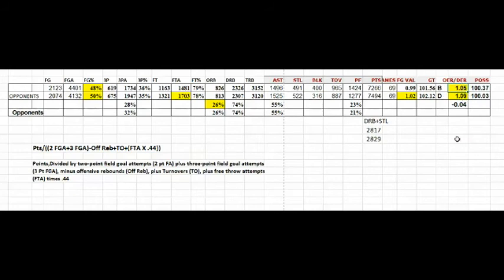So their problem, if I was looking at my team, I would say, we have to do something with our defense. It's our defense that's hurting us. We could win a lot of games with a 1.05, but we're not going to win if they're getting a 1.09. So now that directs me to the right place. I'm going to go look at defense and break that down and figure out what the problem is.